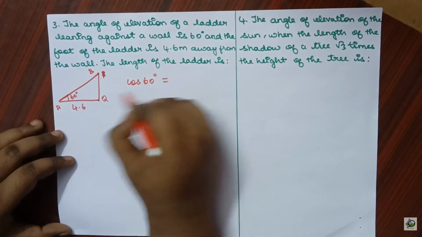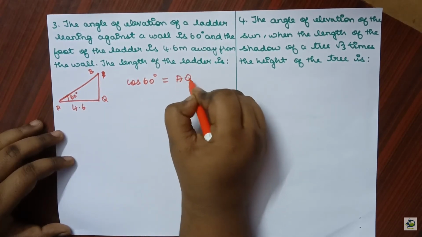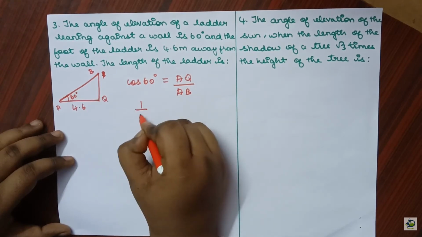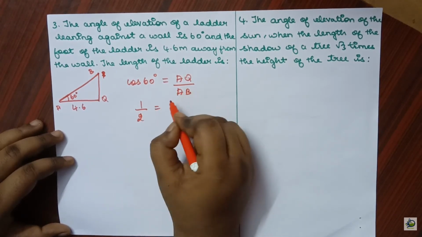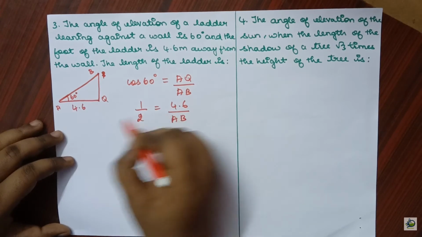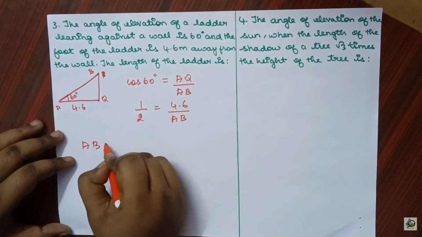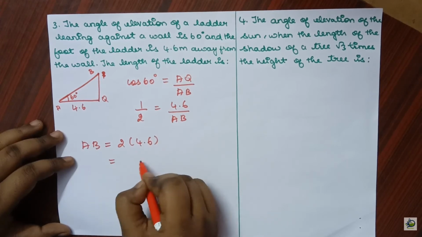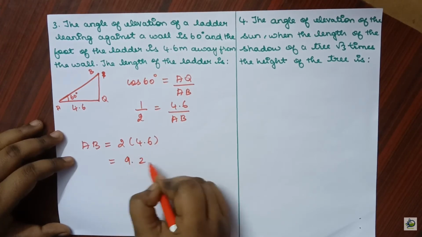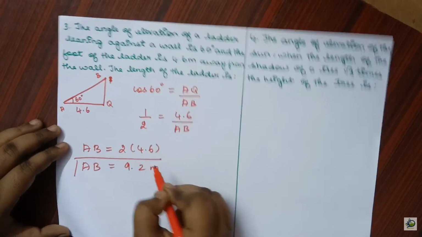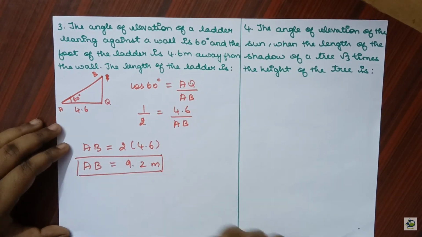So cos 60 is AQ by AB. Cos 60 is 1 by 2, which is equal to AQ, 4.6, over AB, which I have to find. When I cross multiply, I am getting AB equal to 2 into 4.6, which is equal to 9.2 meters. So therefore AB is nothing but 9.2 meters.